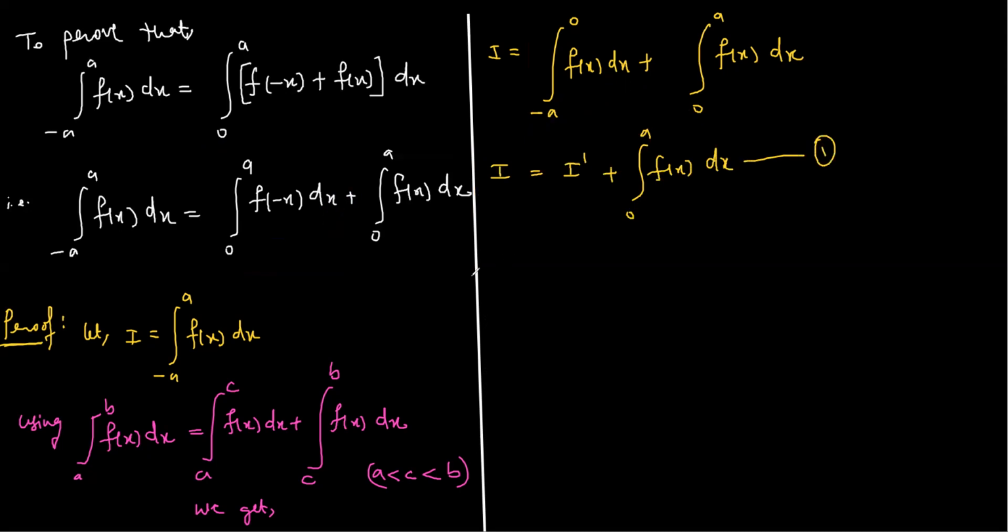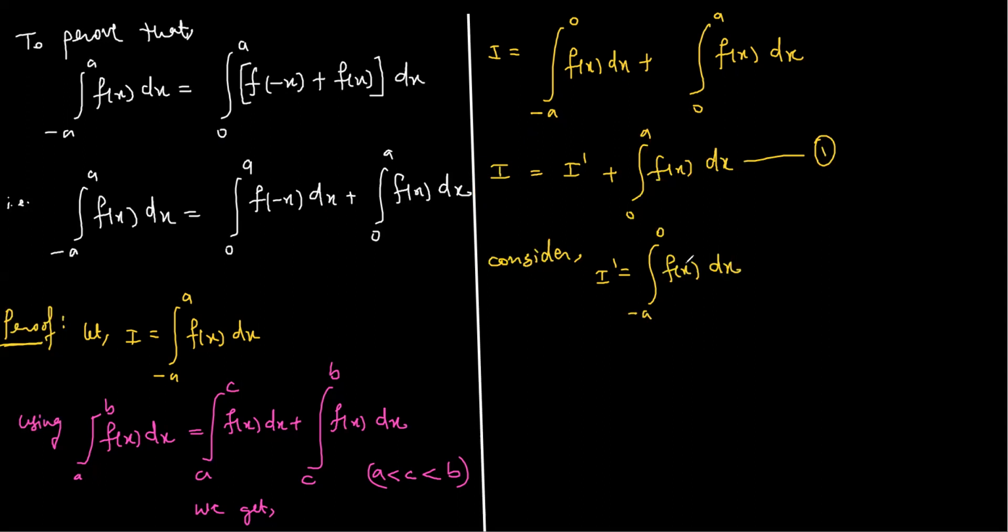Consider I dash. I take this I dash out, so consider I dash. What is I dash? I dash is minus a to 0 f of x dx.